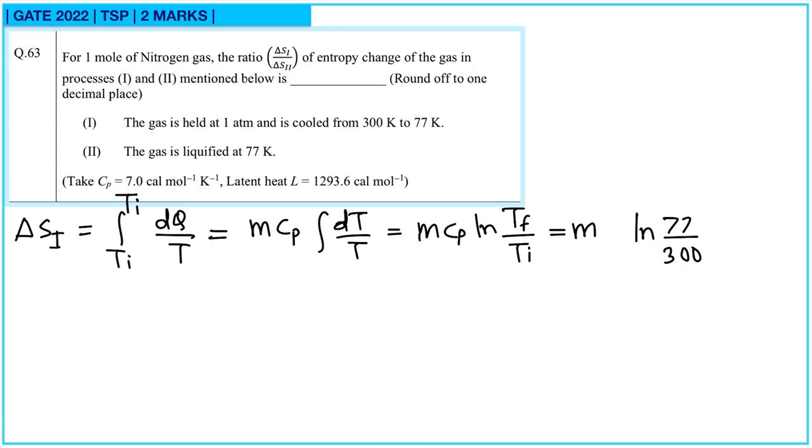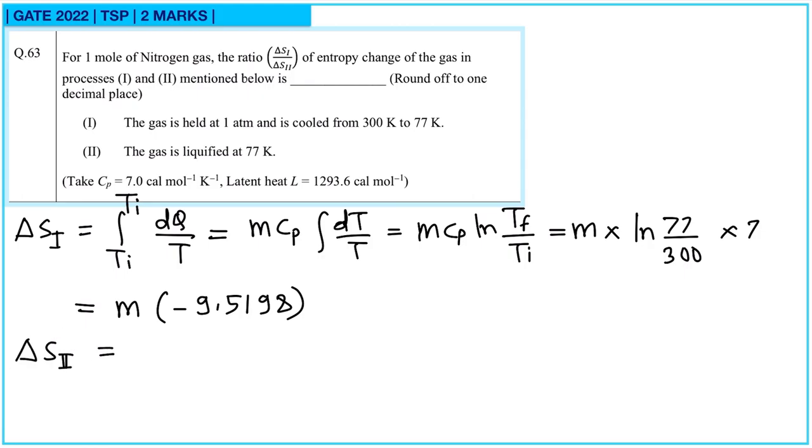Here the value of Cp is given as 7 calorie per mole per Kelvin. So this is m into ln of 77 by 300 into 7, which equals minus 9.5198. This is delta S1.